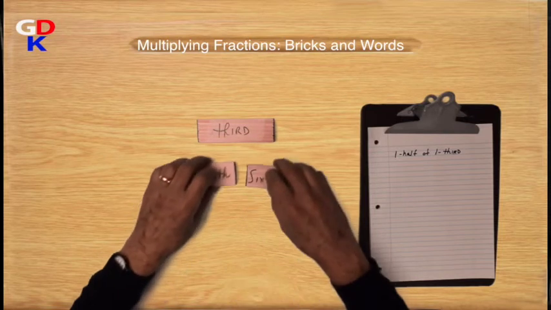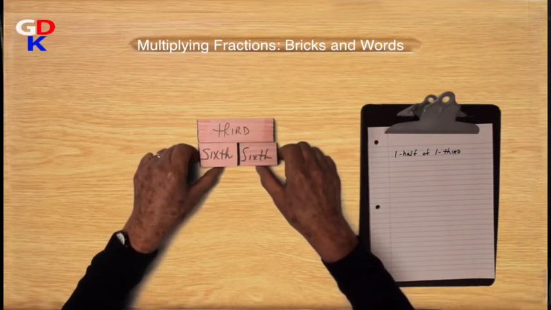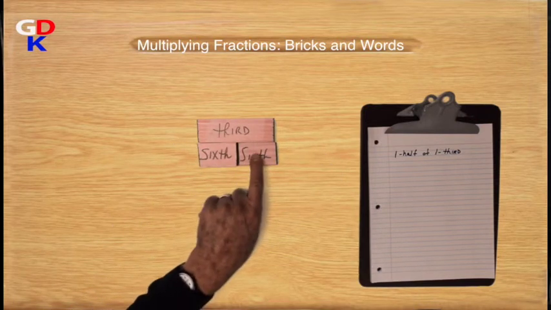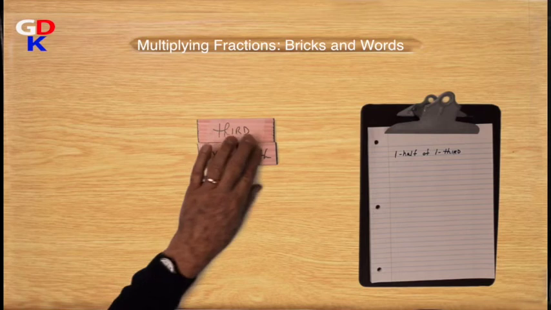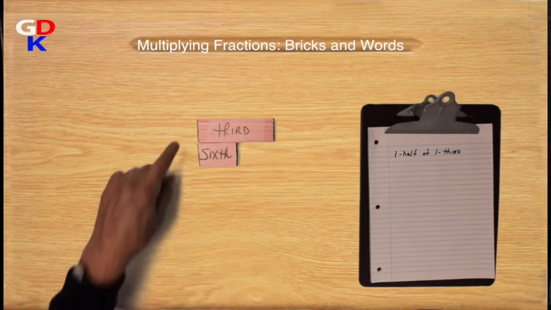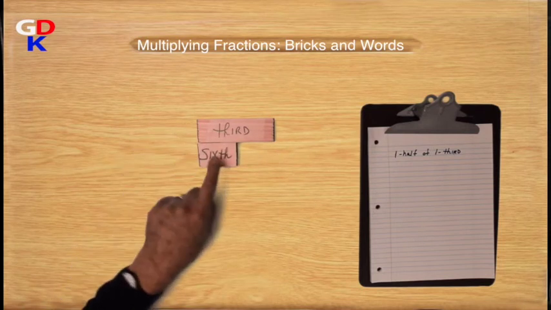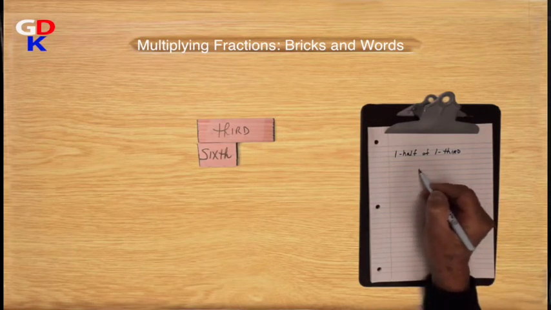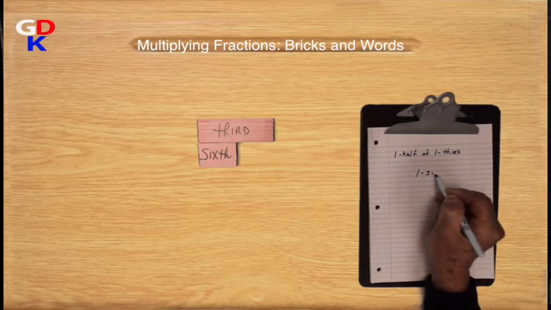When we try sixths, we now see that a half of a third is actually 1/6. So I can take this one away, and now we see that 1/2 of 1/3 is 1/6.